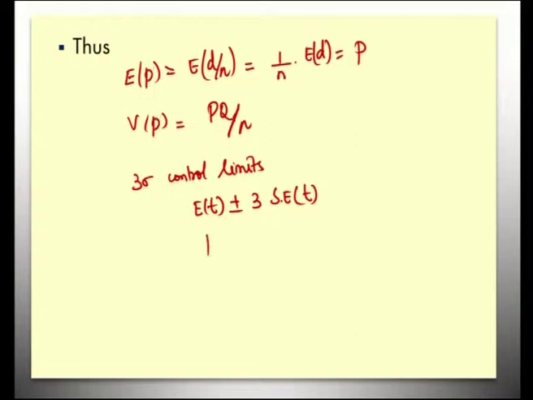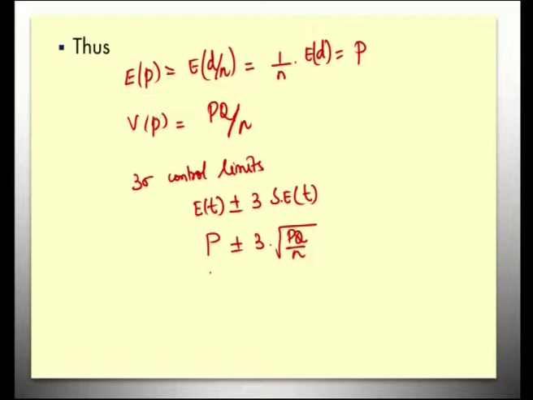Here it is capital P plus or minus 3 times the standard error of p, root of PQ by n. Ultimately we will have values of capital P and n, but capital P gives you capital Q, because capital Q is equal to 1 minus capital P.